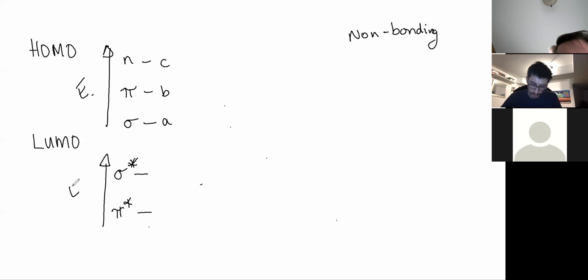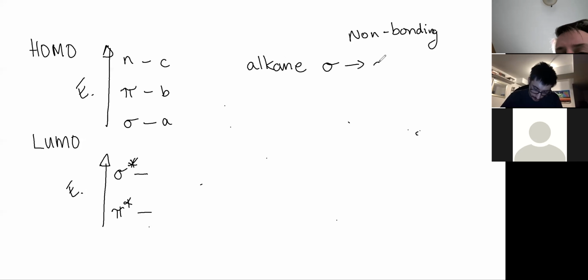So for an alkane, because an alkane has no double bonds in there, the transition that we would see would be from the sigma to the sigma star.